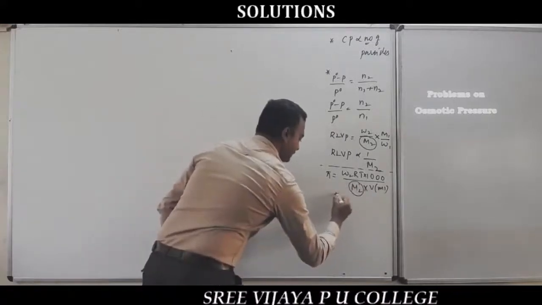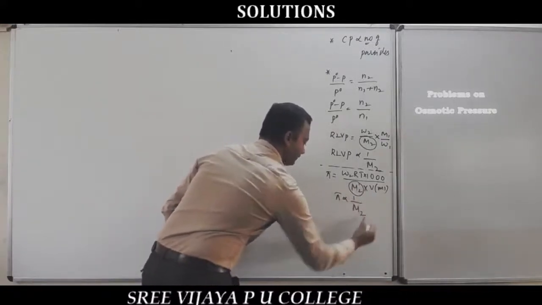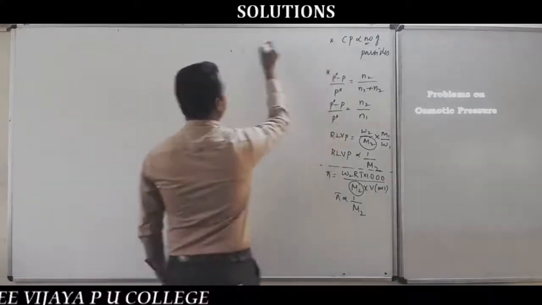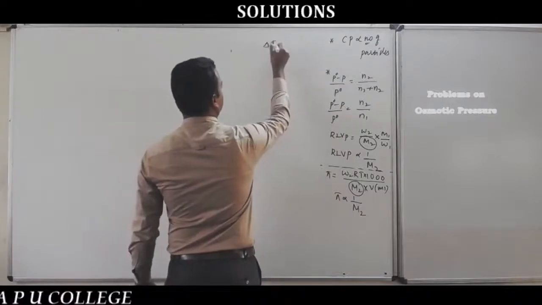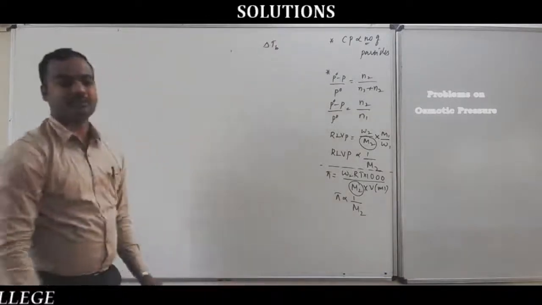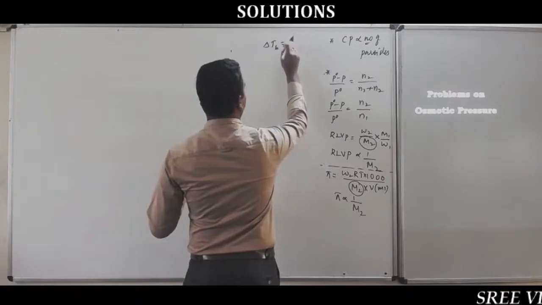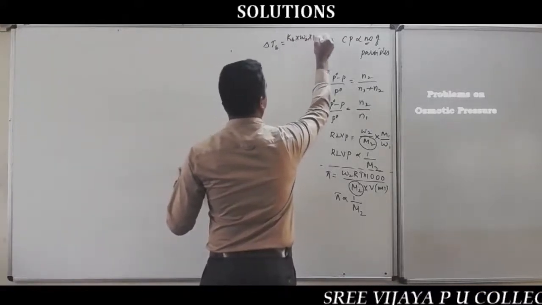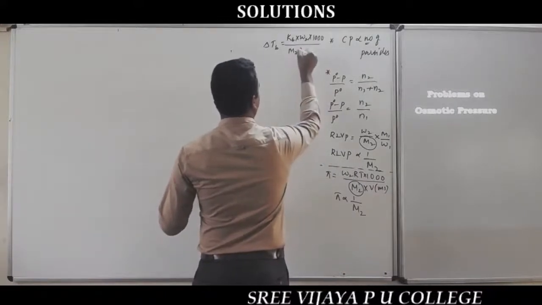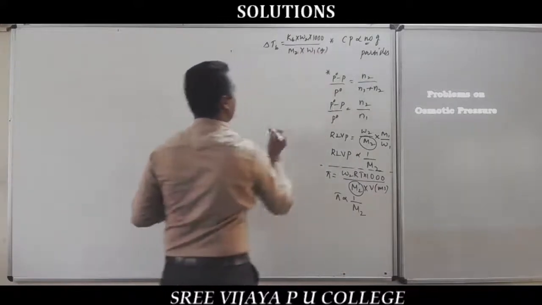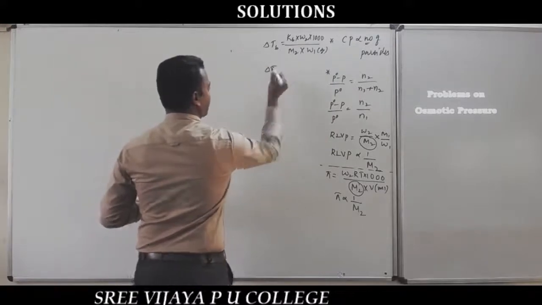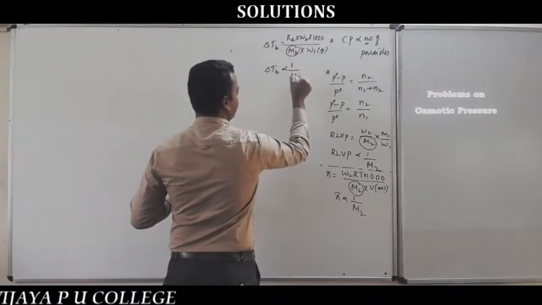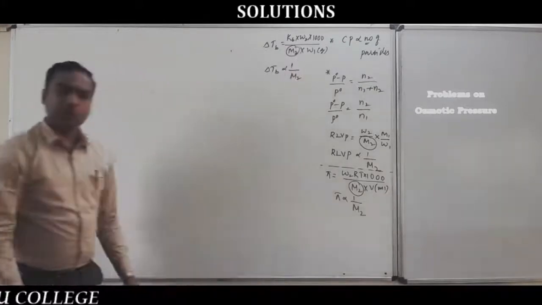One more thing you have to remember: delta Tb is called the elevation of boiling point of the solvent, which is equal to Kb into W2 into 1000 divided by M2 into W1, where Kb is a constant. Again, the elevation of boiling point, delta Tb, is inversely proportional to the molar mass of solute.